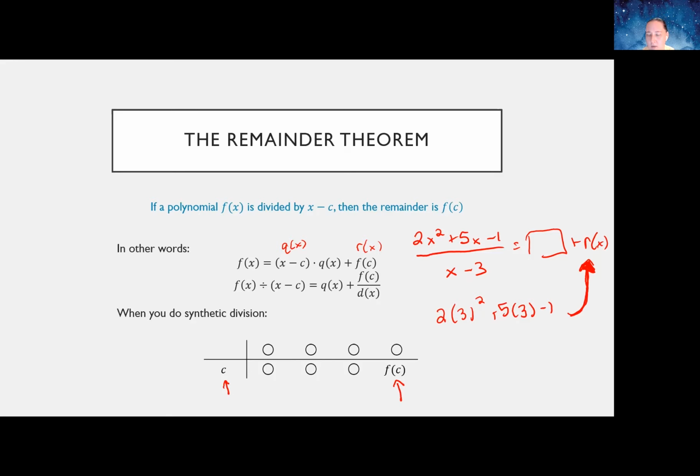When you do synthetic division, the numbers usually don't get that large, and it's actually faster. So if you have a polynomial and you're plugging in a value for x, you can use synthetic division to get that answer rather than our normal version of plugging it in. So it's really powerful. That's the remainder theorem.